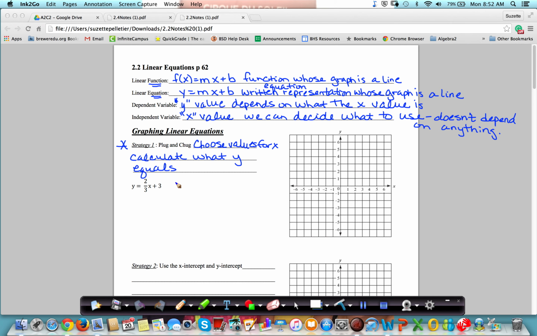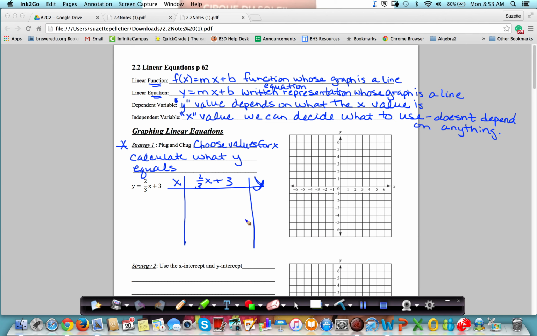So you do that by creating this chart. Okay, so when x is this amount, plug it in and see what y is. So we're going to plug it into the 2/3 x plus 3. And we're going to decide what our y value is.